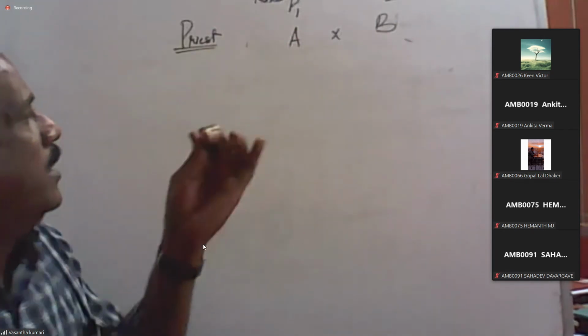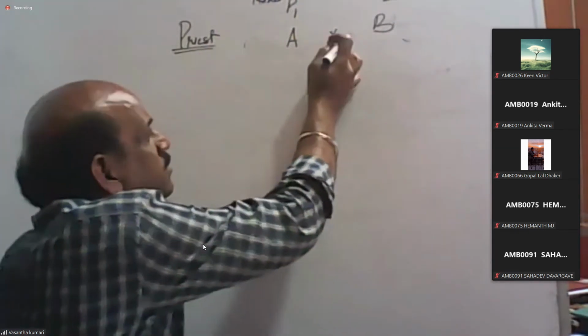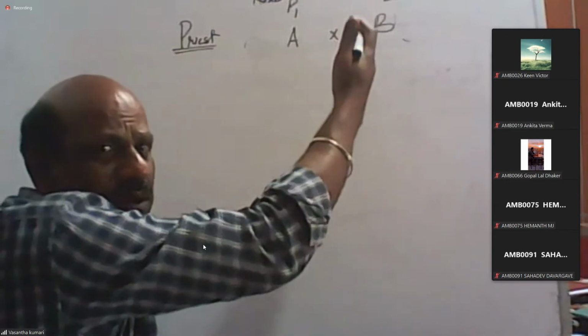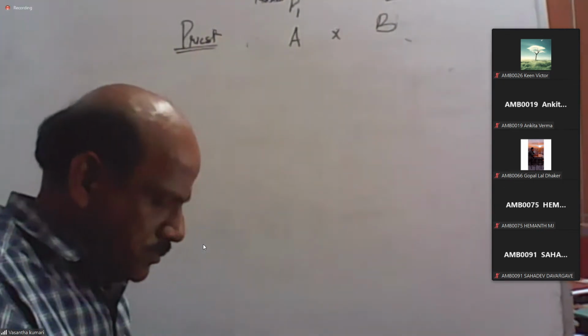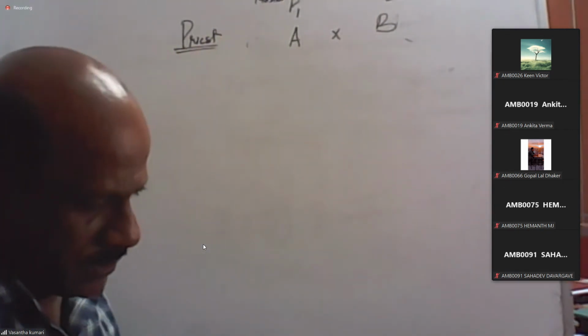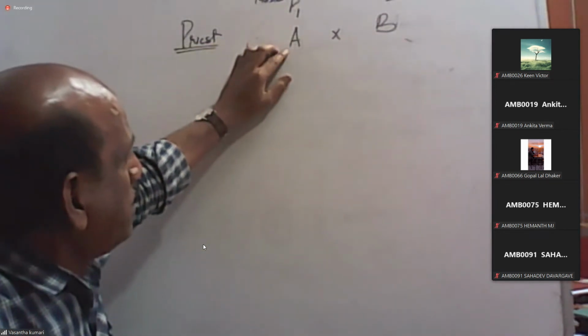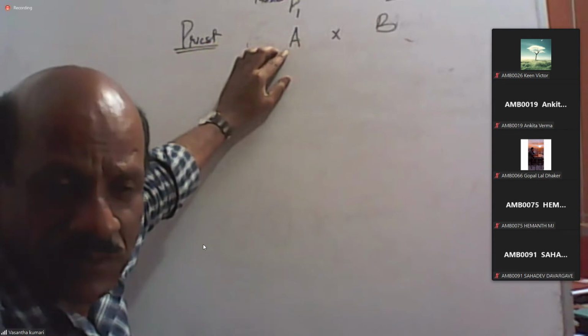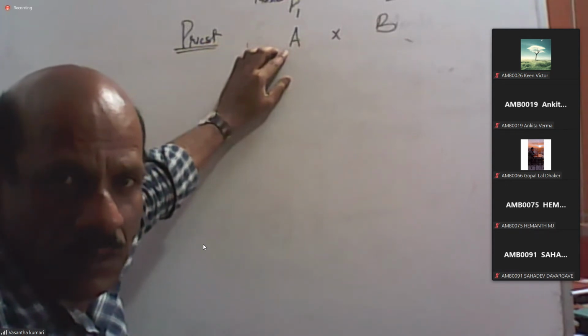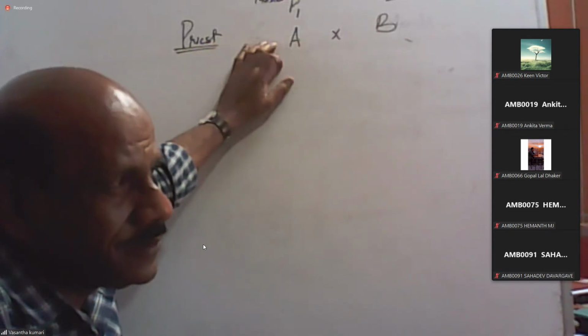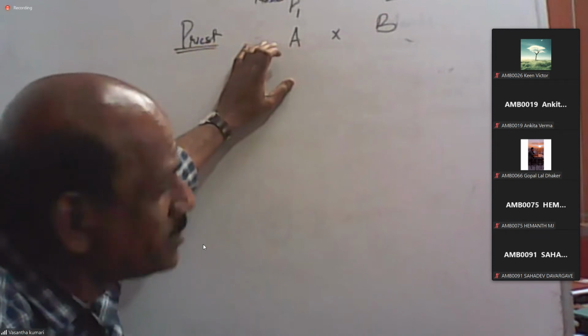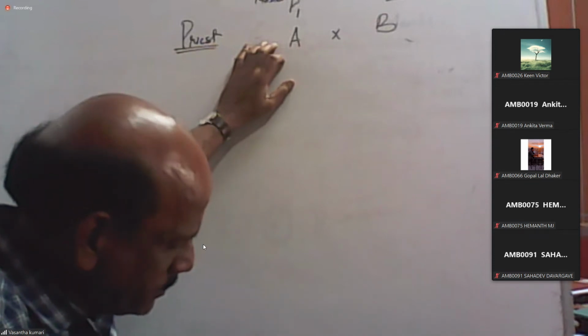The progeny derived from this cross. Now, this simply implies that a cross is made. Now, in plants, the moment we say P1 is female, you don't have female plants. Did you get it? Do we have exclusively female plants?